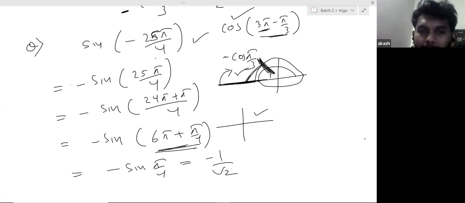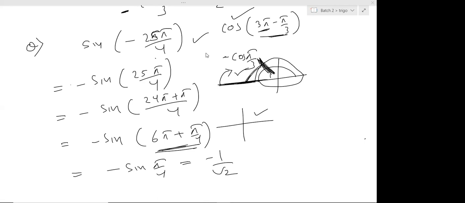All right. Rahman, how did you get minus 1? Shafullah, you sent 1 upon root 2. You also forgot the negative sign. All right. This is clear. Yes, sir.